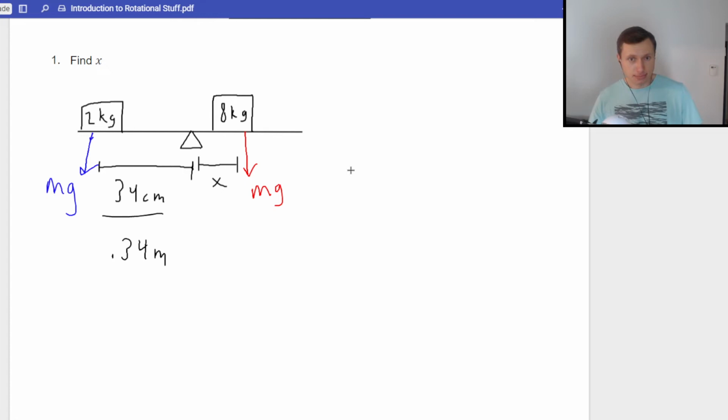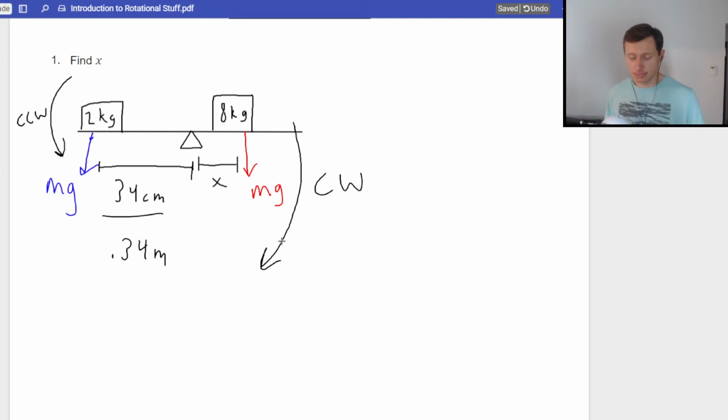If it doesn't, we're just going to do a couple examples today and hopefully it will start to make sense. So I'm going to say that this one on the left, these are my torques going, is that clockwise or counterclockwise rotation that this would be causing? This would be counterclockwise, and the 8 kilogram mass mg, that's causing this motion to occur, which is going to be clockwise.